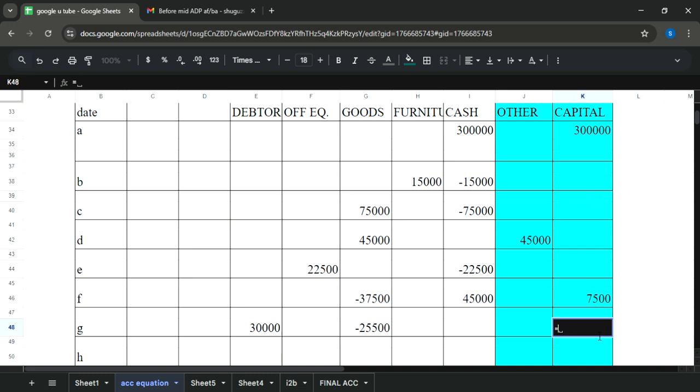How much profit are you earning? You are receiving 30,000 while cost of those commodities was only 25,500. So in this way you have earned a profit of 4,500, which is part of your capital, with which your capital would be increased. Again, I am requesting you to please repeat and revise.